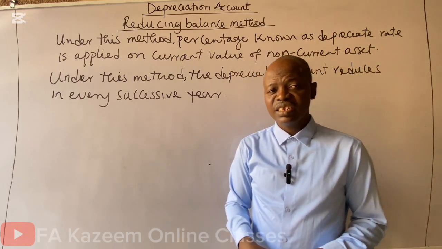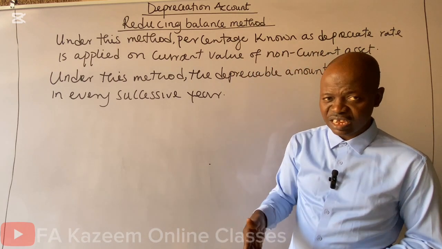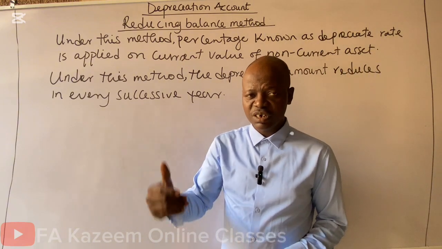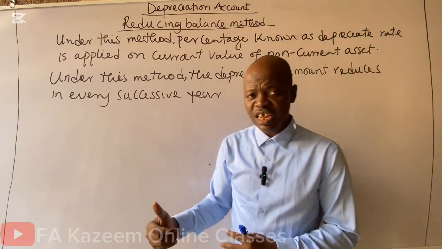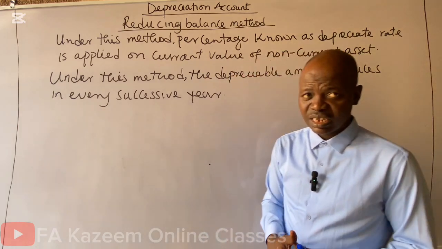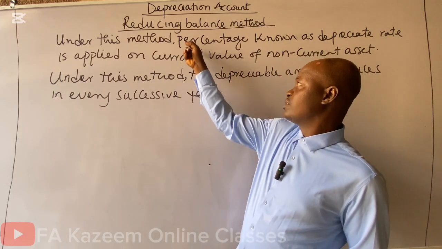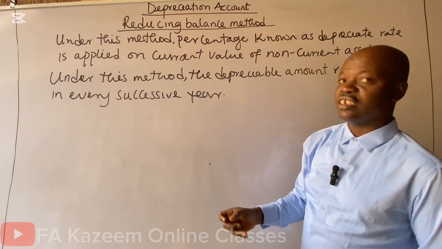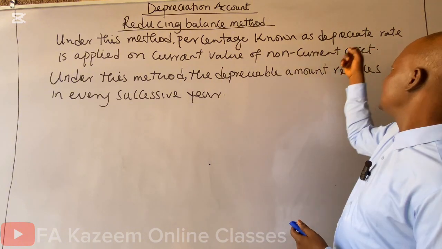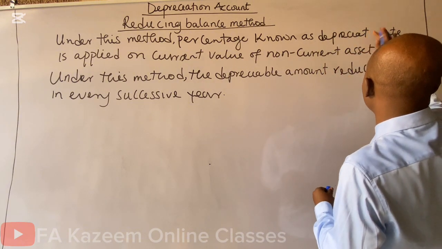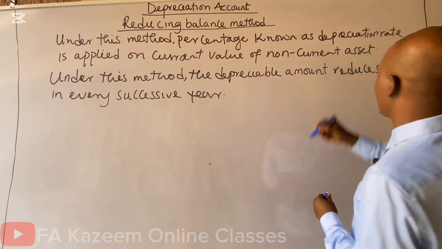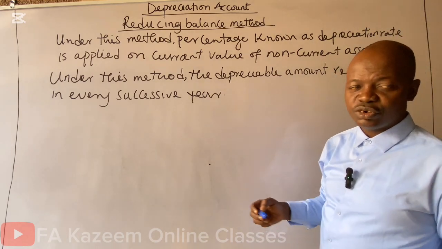In that case, the amount of depreciation to be charged and set aside should be reducing in every successive year. The uniqueness of reducing balancing method is that it uses a fixed percentage, which we call depreciation rate.